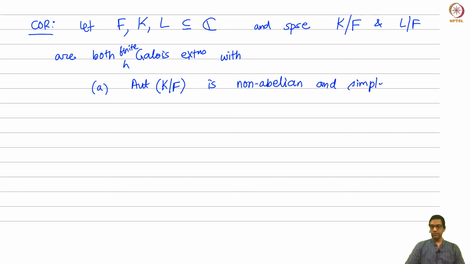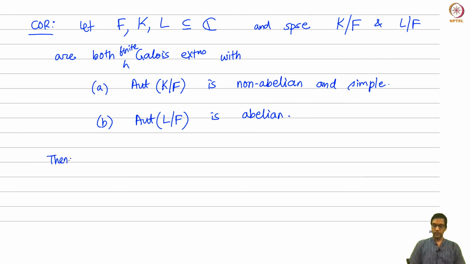Recall, a simple group means the only normal subgroups of that group are the identity group and the full group. And the other one is abelian. So one of them is non-abelian simple, the other is abelian.